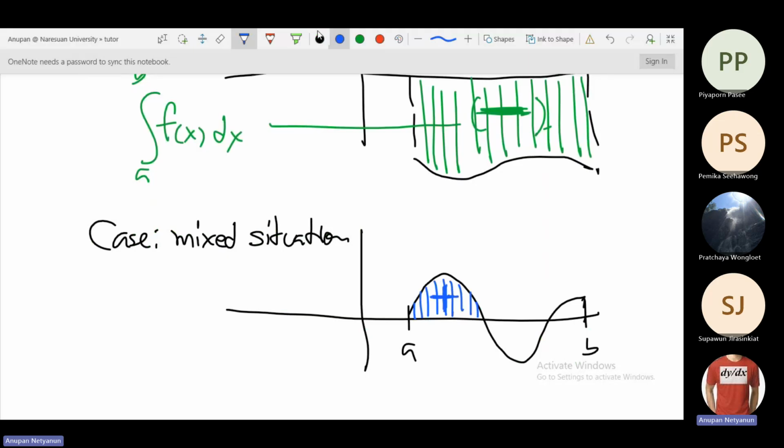Starting from this point, you have the graph under the x-axis, so this area will be negative. And again you come up above the x-axis, so this area will be positive. So when you find the integration from A to B, this area will add up to this area, and you have to subtract this area.